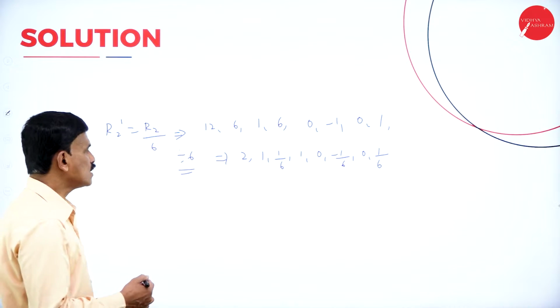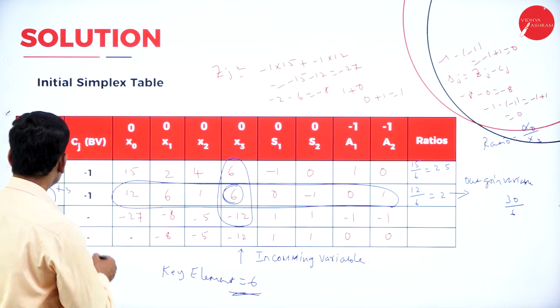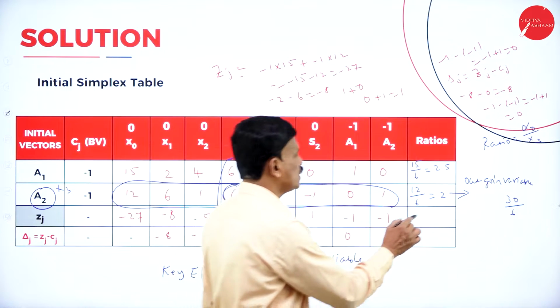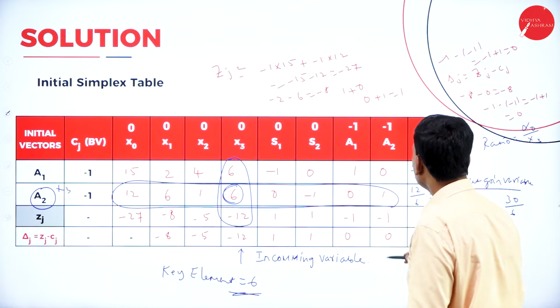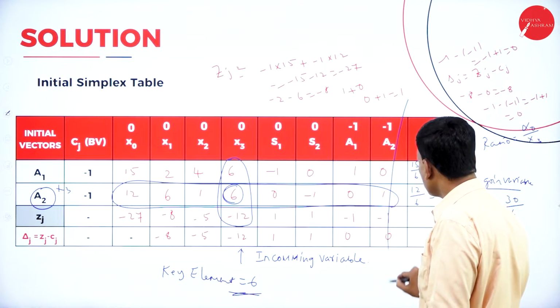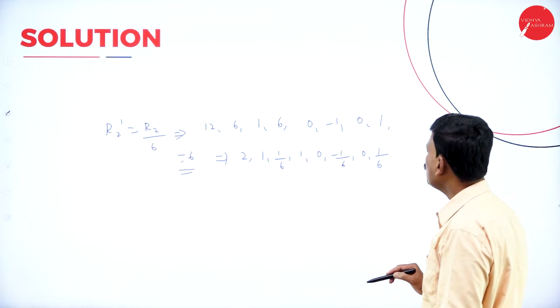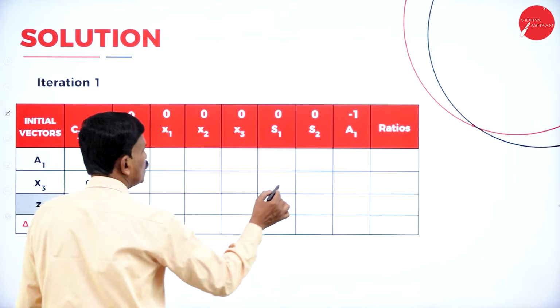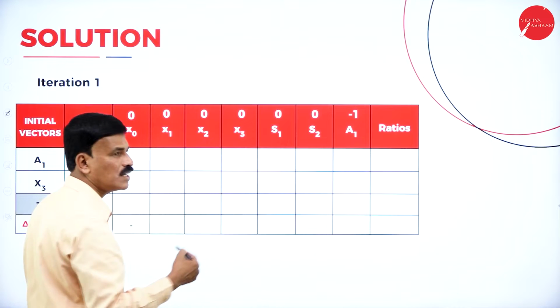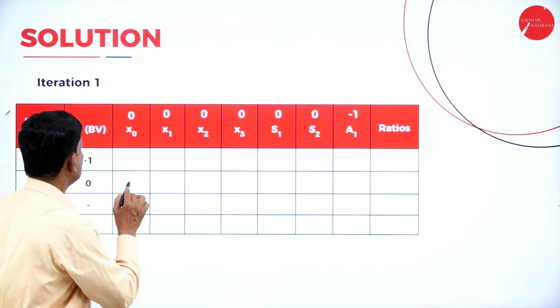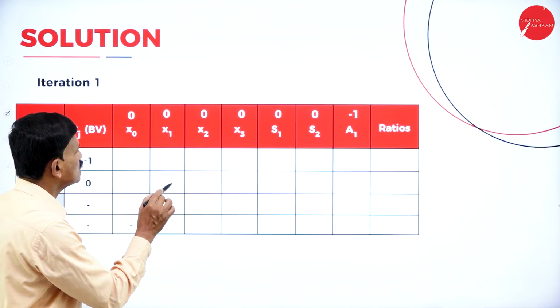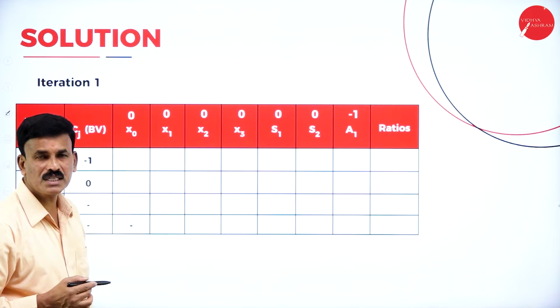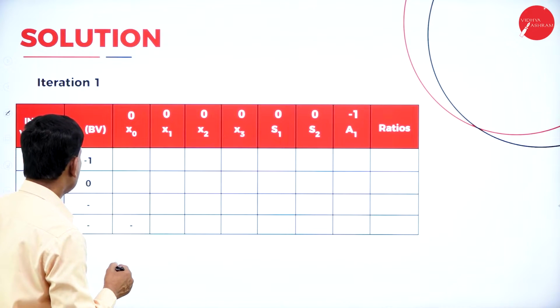Now, see the important concept here. Since A2 is the outgoing variable, we can remove A2 from the table. So A2 is taken out. The elements left are x0, x1, x2, x3, s1, s2 and A1. Now just write down the values here.